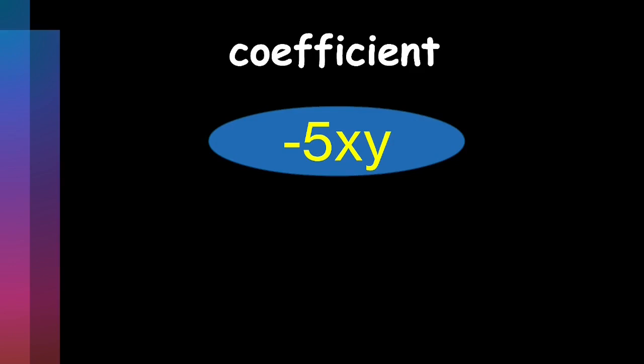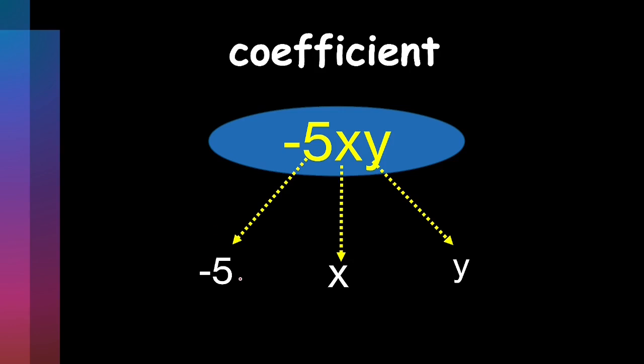Coefficient. What do you mean by coefficient? Here negative 5xy is a single term expression. Here the factors are negative 5, x and y. Now when we are taking the coefficient of negative 5, here x and y are the coefficient.